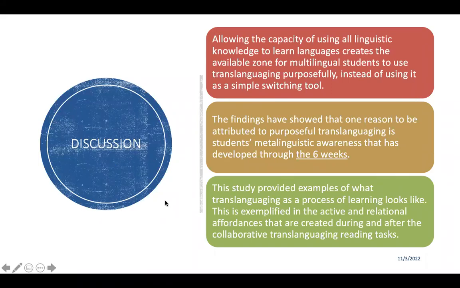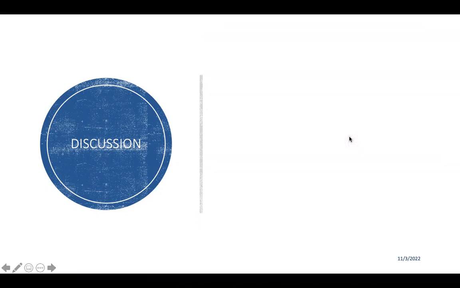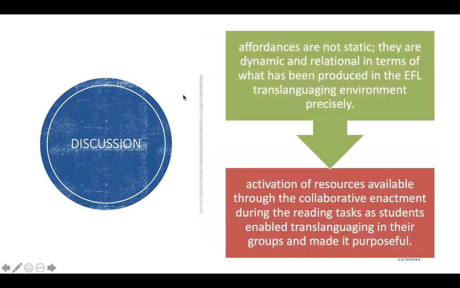So in this large study, translanguaging is a process of learning. I provide evidence of what it looks like. It's through the active and relational affordances that are created during and after the collaborative translanguaging reading tasks. And finally, affordances are not static.